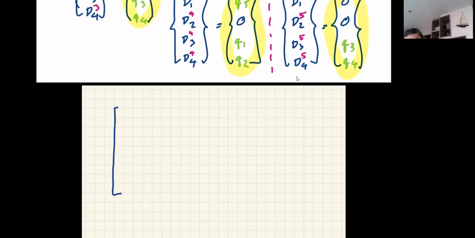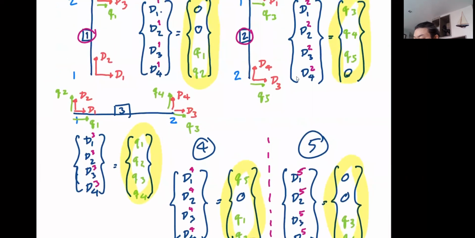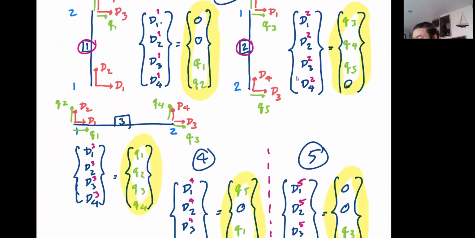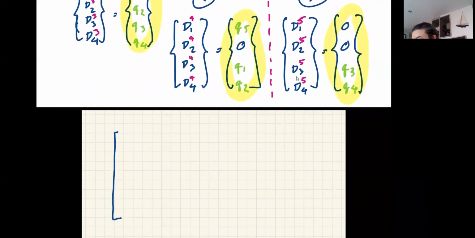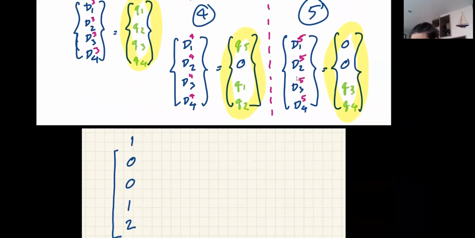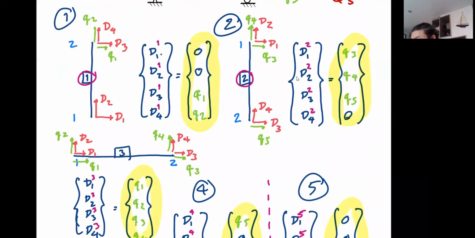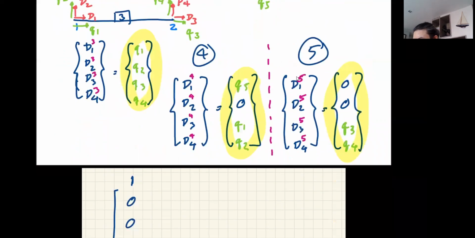Now I think I'm going to stop writing the Q. So Q1 and Q2, I'm just going to write 1 and 2. So for this, it becomes 0, 0, 1, 2. That's for member number 1. And for member number 2 here, we have 3, 4, 5, 0.